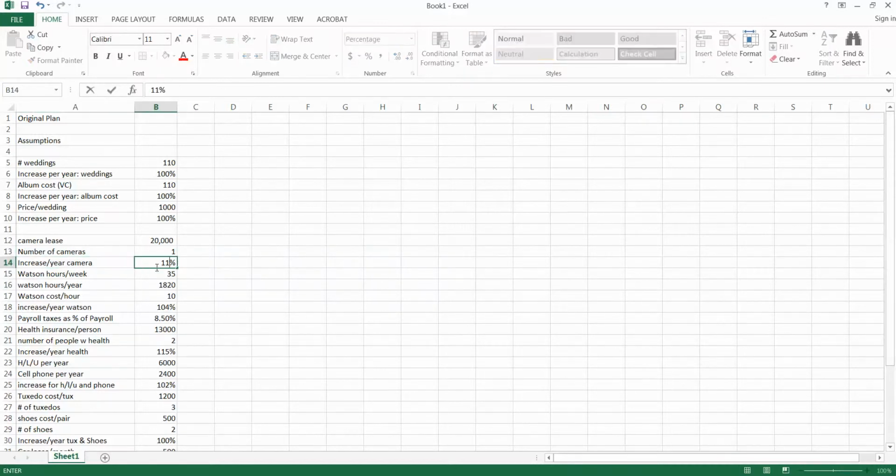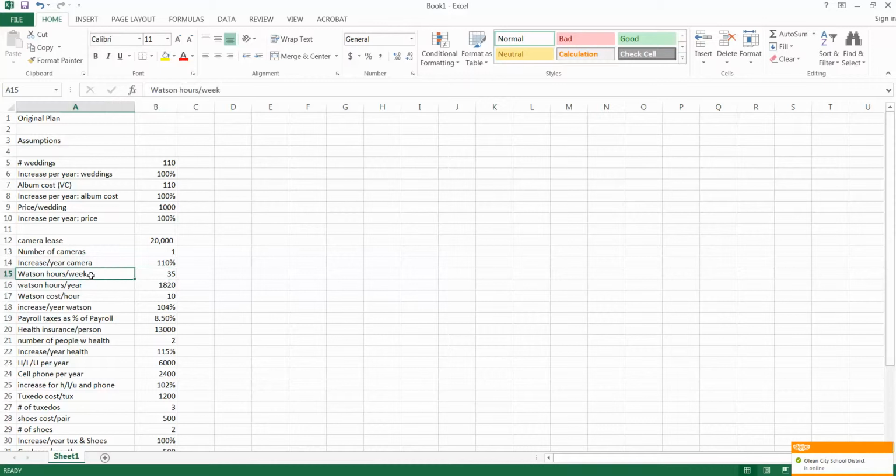Remember, here you just put it in as 110 with a percent sign and it will automatically put it into a percentage format for you. We also put in Watson's hours per week. Then we added a line, hours per year, because we don't really care about Watson's weekly hours. We are looking at it on an annual basis. So I used the hours per week times 52 weeks per year to get 1,820.